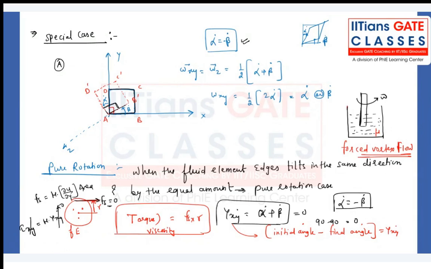When this is zero, this will also be zero, and tau xy is nothing but the shear force divided by the area over which it is acting. If this is zero, this will also be zero. So we have to write that shear force cannot produce any torque in the forced vortex flow.